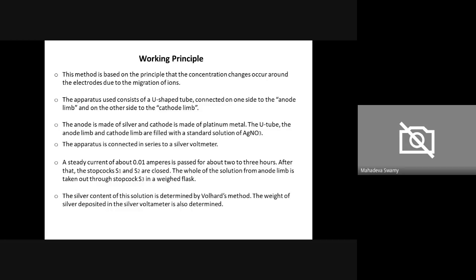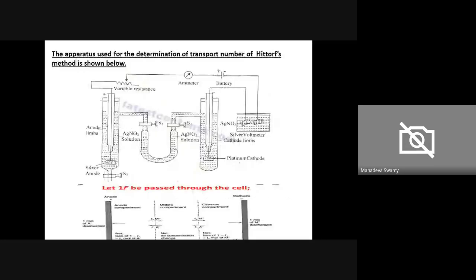Here we are going to determine Ag, so we use a standard solution whose concentration we know. The apparatus is connected in series to a silver voltmeter, like this.